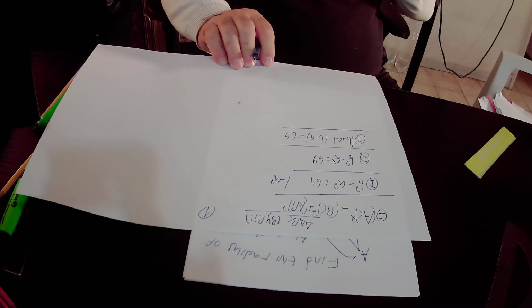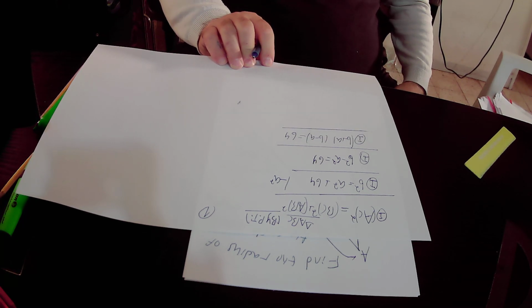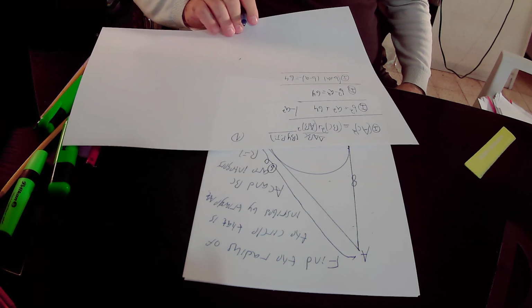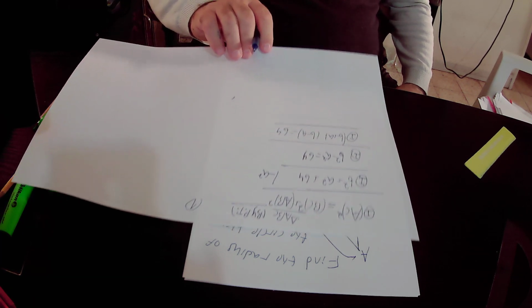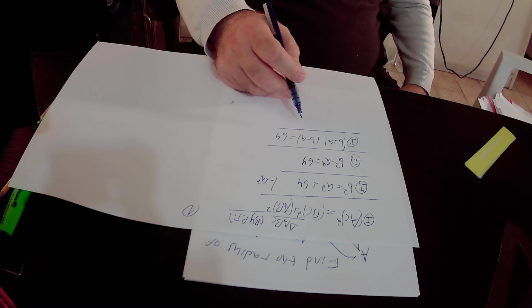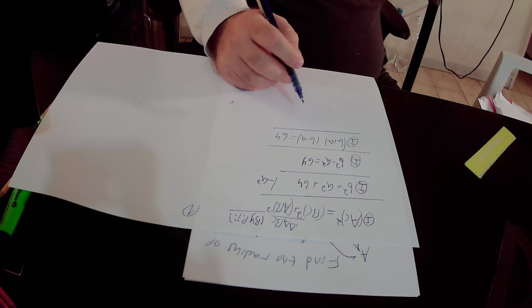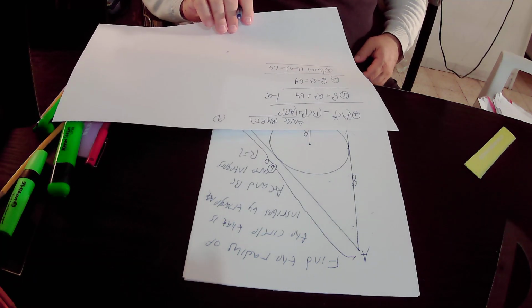So according to equation number 1, B plus A times B minus A equals 64.